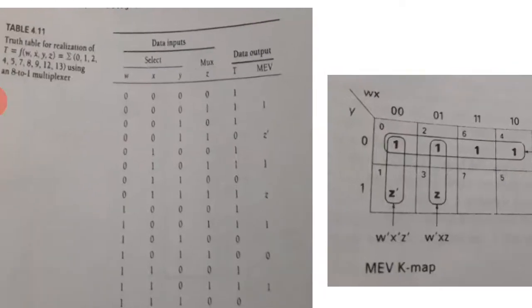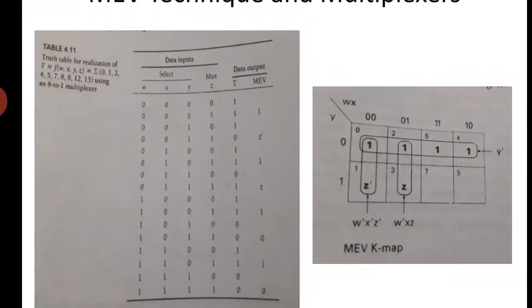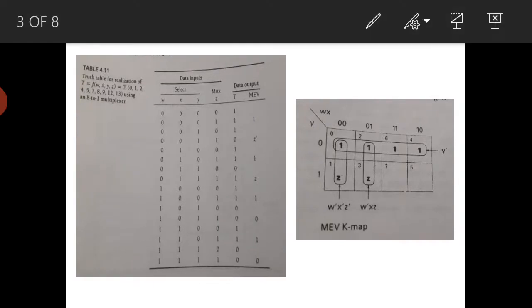Looking at the truth table and the minterms, we are using w, x, y as select lines and z as one of the inputs. For now, don't consider MEV; we will concentrate only on the minterms, that is, the Boolean function.